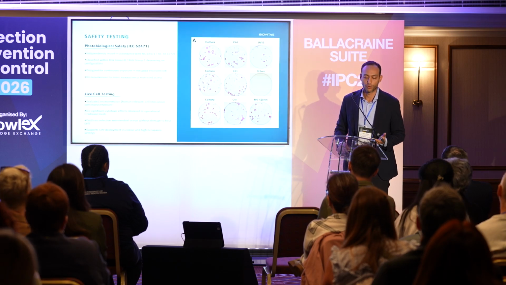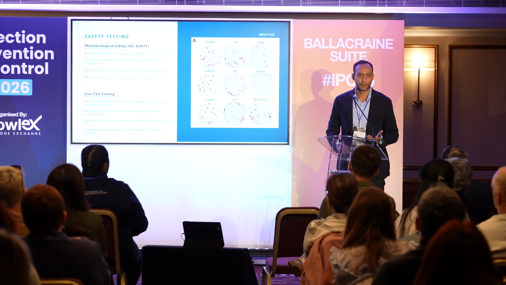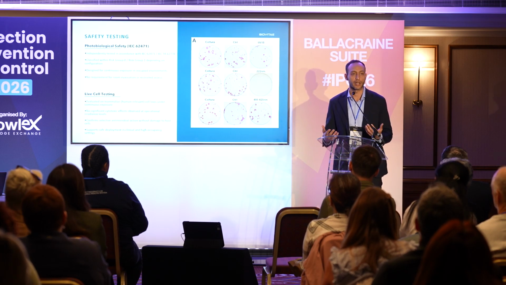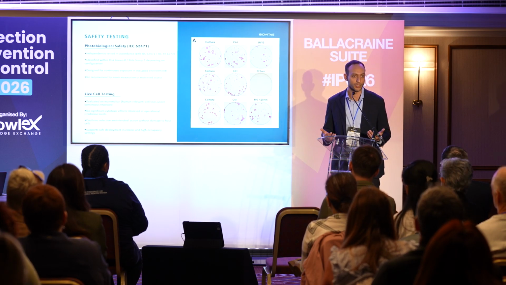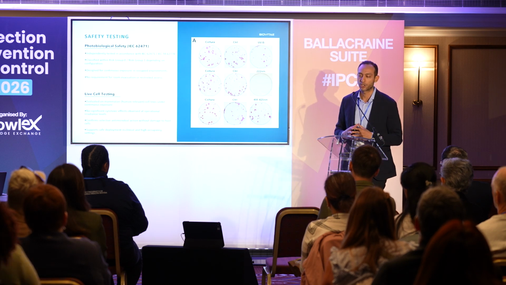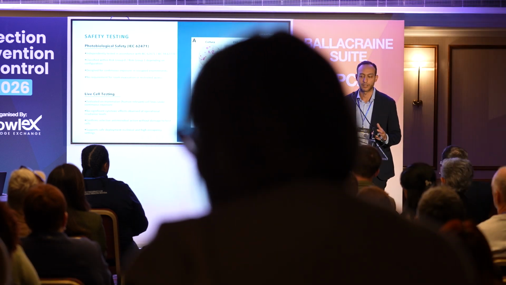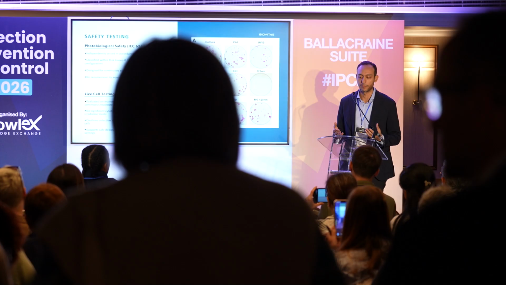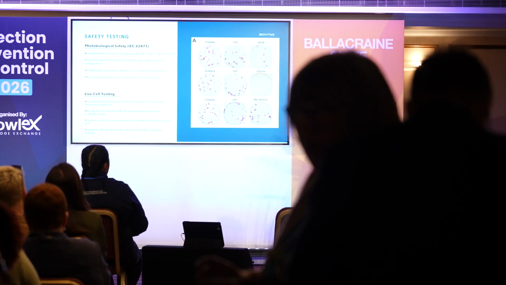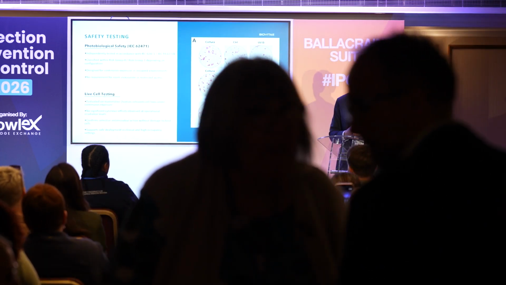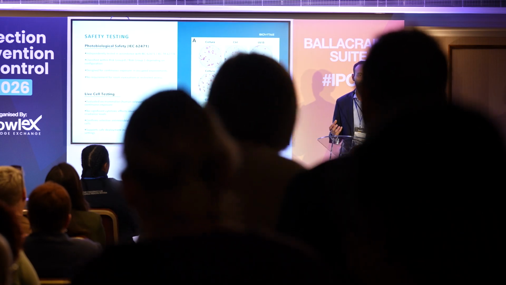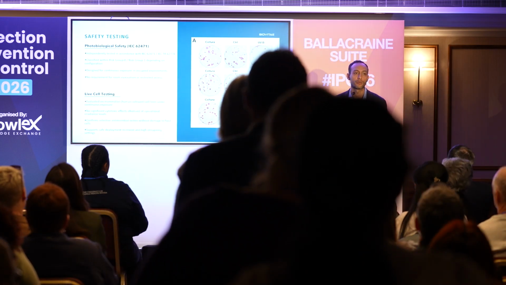So safety, of course, one of the main value propositions we're talking about, is that you can use this light safely in the presence of humans. All lighting devices are regulated by the standard IEC 62471, and this puts different lighting products in different photobiological risk groups.